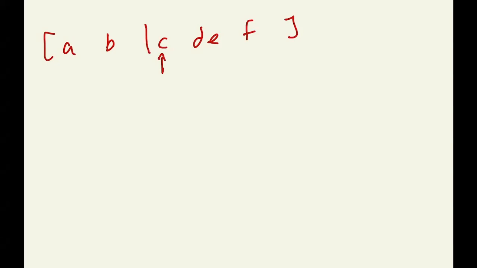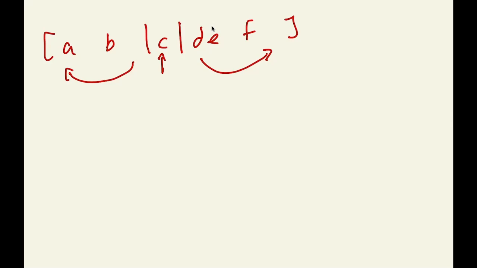A prefix of C would be A and B, everything that comes before C. Anything that comes after C is a suffix. So the prefix and the suffix are both the parts of the array that do not contain C. Does that help at all?